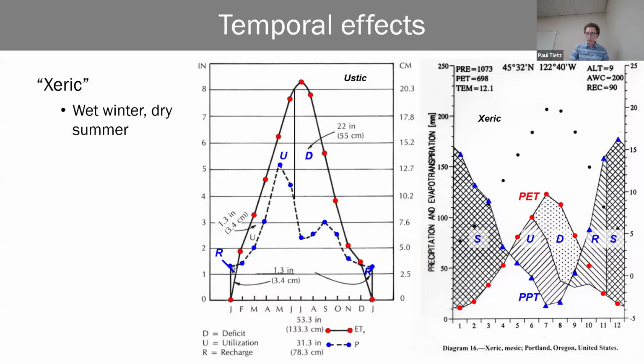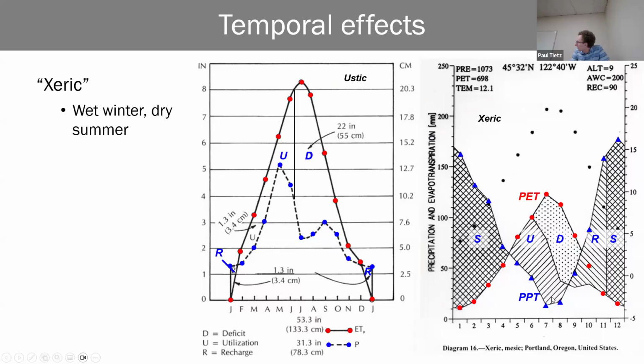So if we think of these figures, let's say we have precipitation and evapotranspiration on the same vertical scale here, the blue symbols are precipitation. These are months of the year here in their numbers. In the middle of the year, this would be June, July, August, precipitation is the lowest.